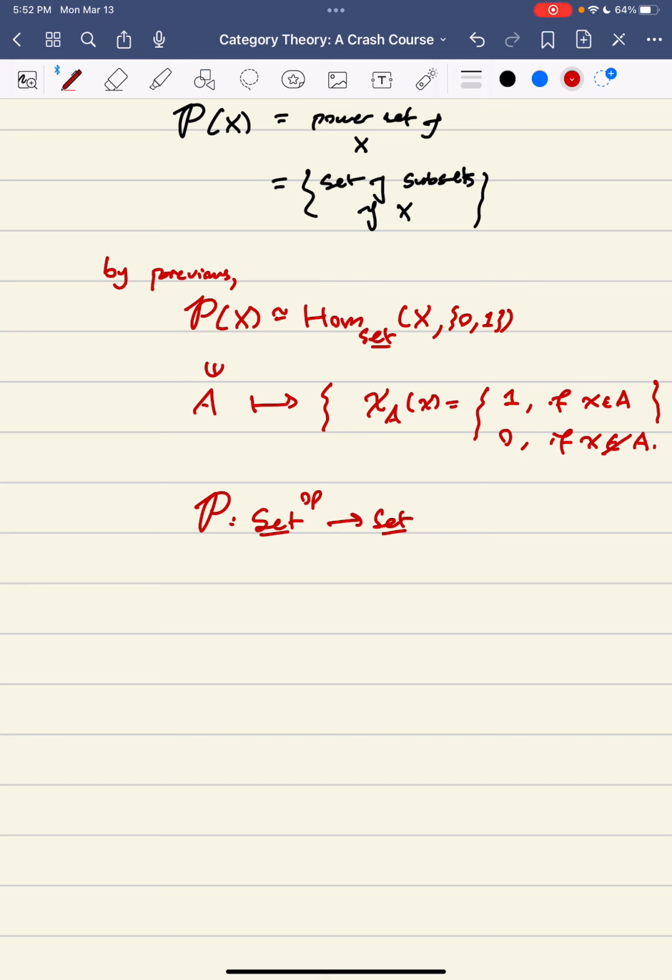If I have a function from X to Y, you get a function between P of Y and P of X, because you send a subset, say B, to the preimage of B, which is in here.